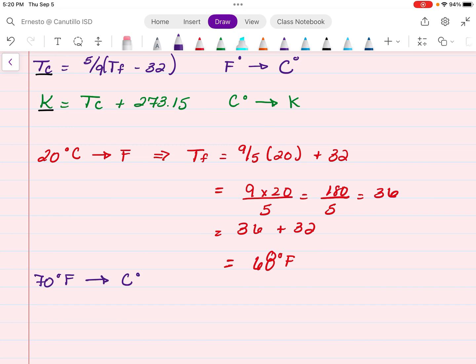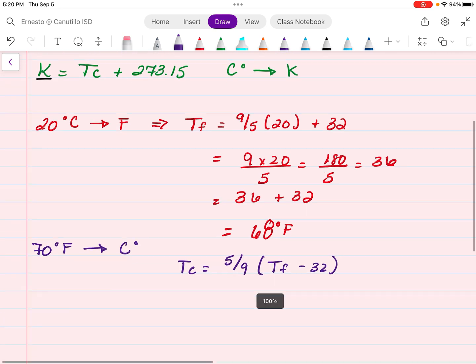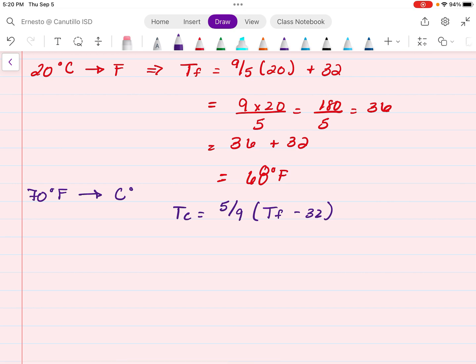The formula says temperature Celsius is equal to 5/9, and then inside the parentheses I put my temperature in Fahrenheit and subtract 32. Let's plug in our values. My temperature in Fahrenheit is 70 degrees, so everywhere I see the temperature in Fahrenheit, I'm going to substitute. So 5/9 times 70 degrees minus 32.